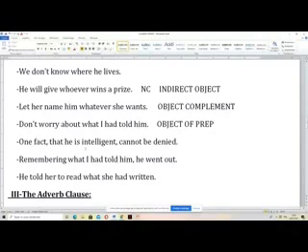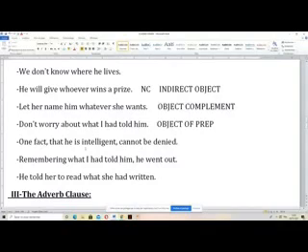"He told her to read what she had written." What is "what she had written"? I think it's functioning as an indirect object or a direct object?